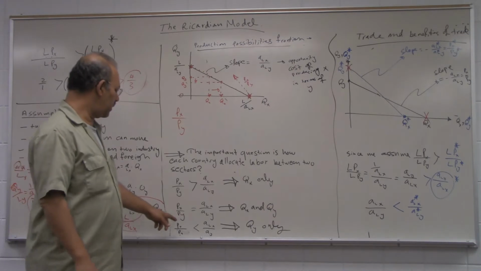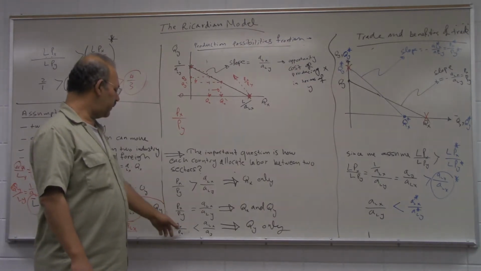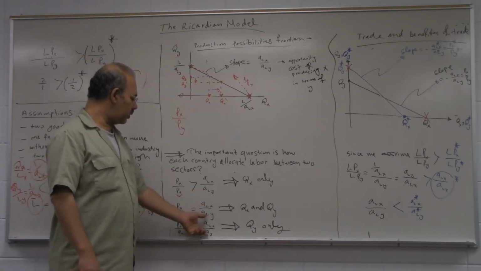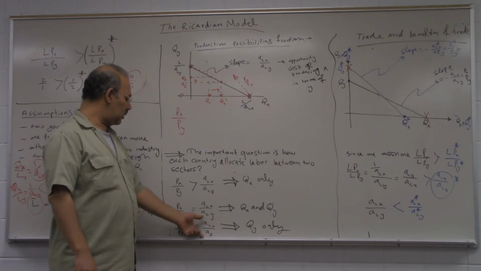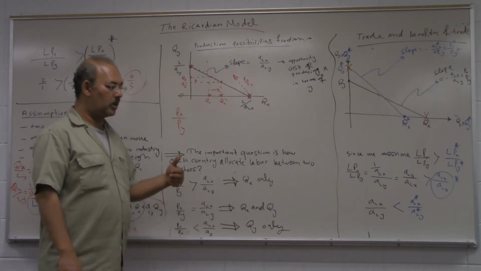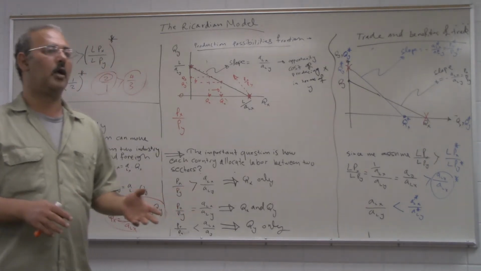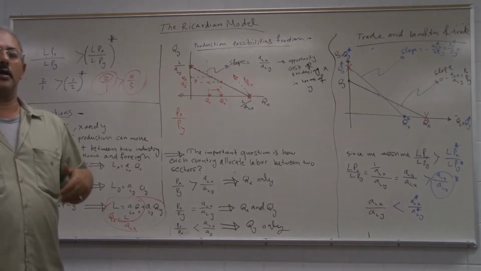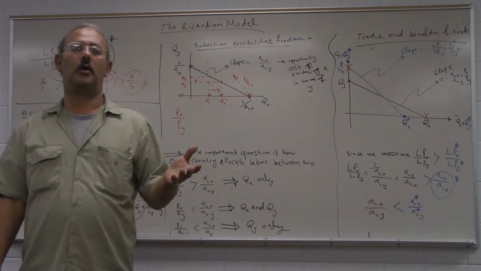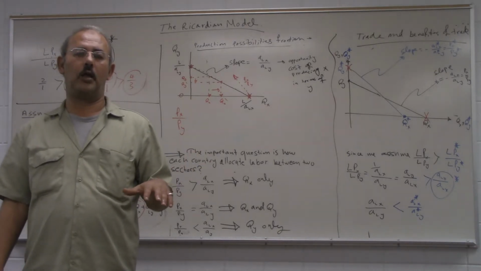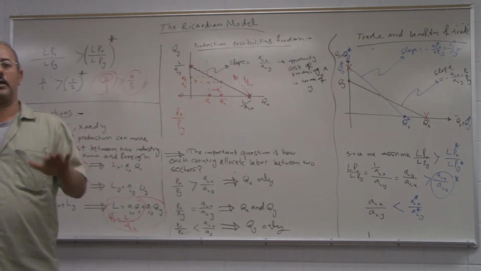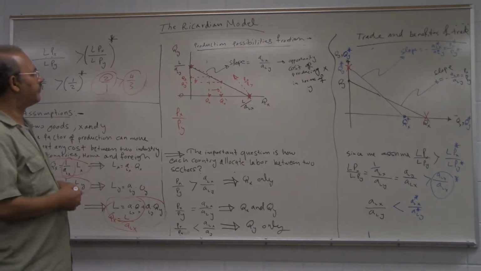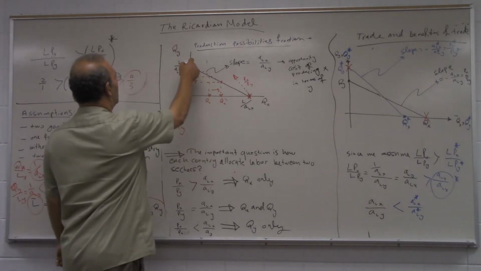If relative prices, or the price of good X in terms of good Y, is less than the opportunity cost of producing good X in terms of Y, in this case, producing good X is not worth anything, and the labor will move to the good Y industry, because wages in the good Y industry will become higher than the wages in good X, and in this case, the economy will be here.